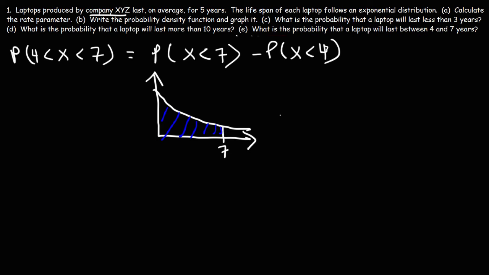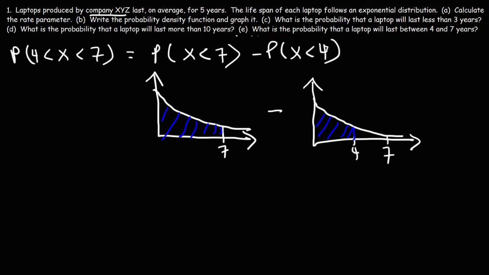And the probability that X is less than 4 looks like this. So the difference, let's say here's 7.